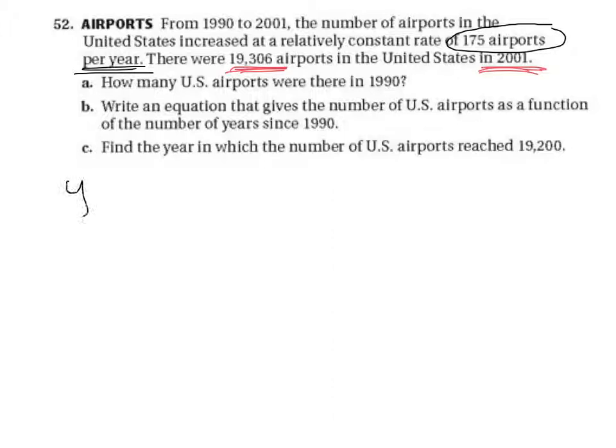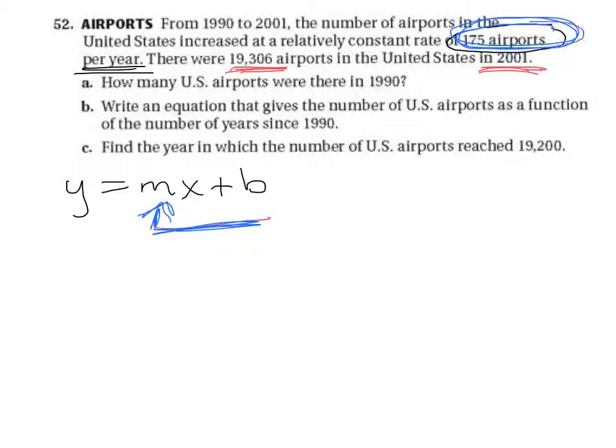If this is a constant rate, here's a line, a linear function, which describes a constant rate of change. Right there, we'll call this blue. That describes a constant rate of change, your slope, which has to do with this per year, how it's constantly changing.